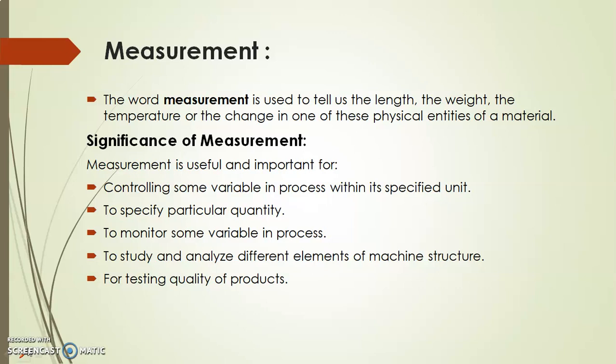The measurement is useful and important for controlling some variable in a process within its specified unit, to specify a particular quantity, to monitor some variable in a process, to study and analyze different elements of a machine structure, and for testing the quality of the product.